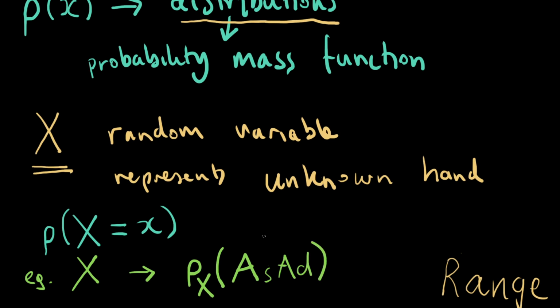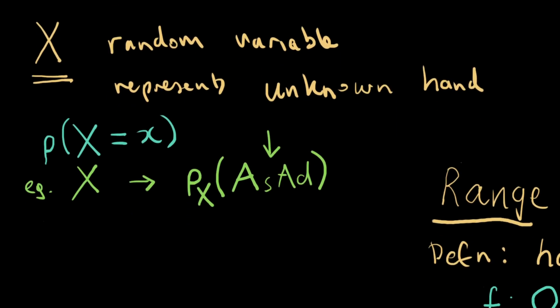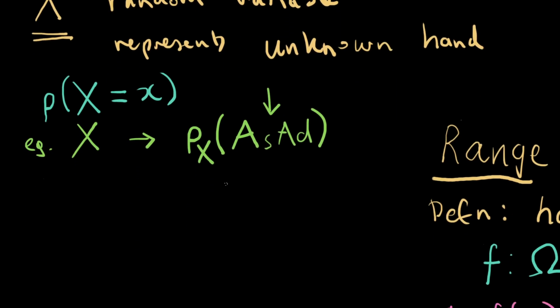So I can input a particular combination into this distribution function and I get out the answer as a number.